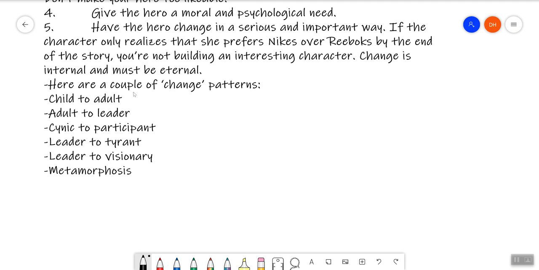It could be participant to non-participant, we might say. I believed in God or whatever, and then suddenly, self-realization, new equilibrium, right? I realized the universe is a vast and empty void. So it could be cynic to participant or participant to non-participant. Now you see that could be a positive or a negative one.